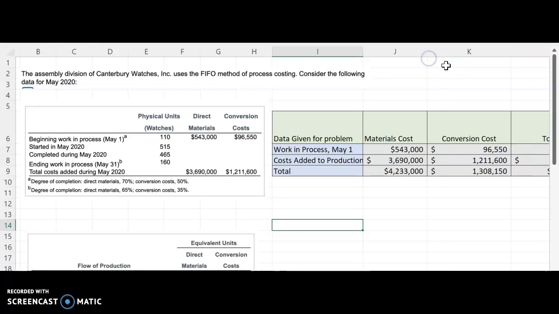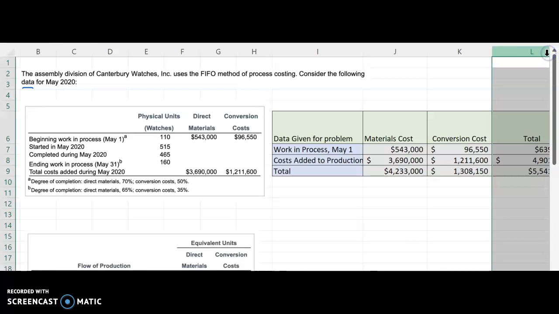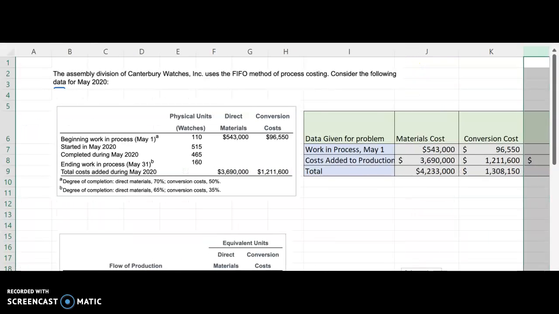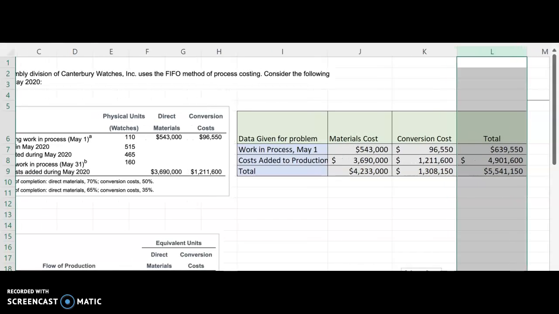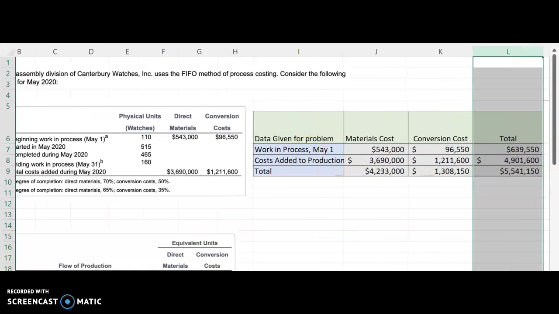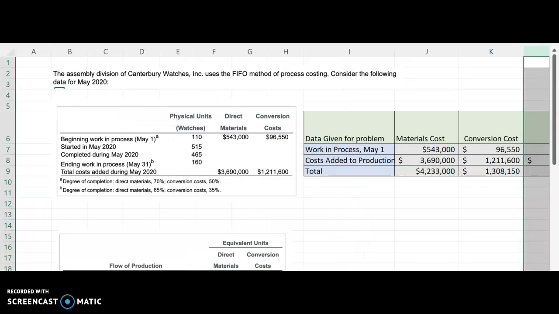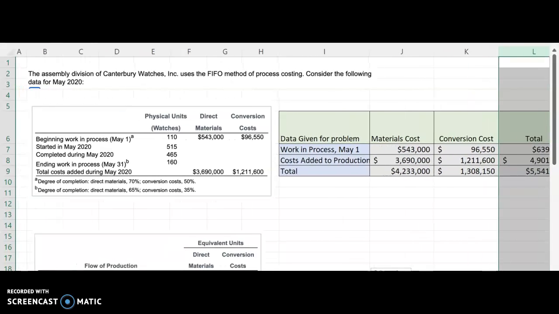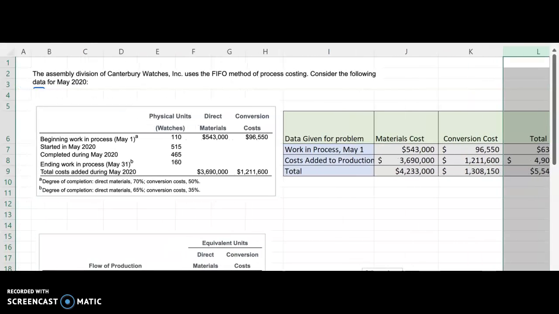So if you've started on something and it's sitting in work in process at the end of the period and then you pick back up the next period, well, FIFO, as far as costs are concerned, you're going to work on those first, before you start working on new units. And this is for cost, but you can think about the physical flow if it helps you.